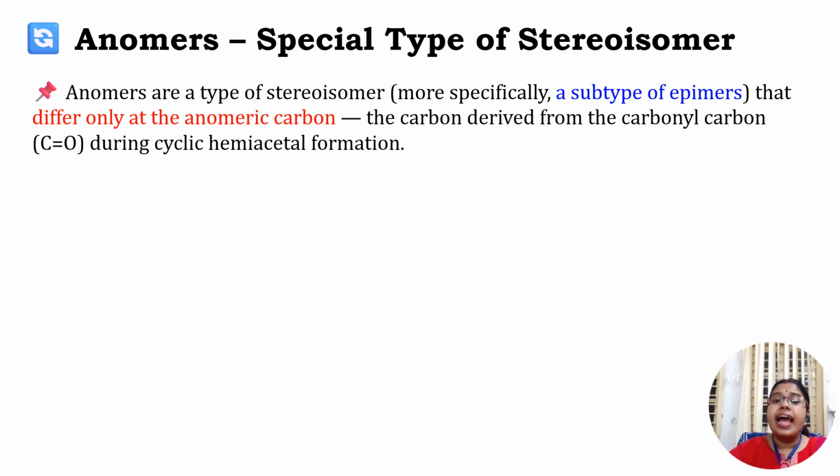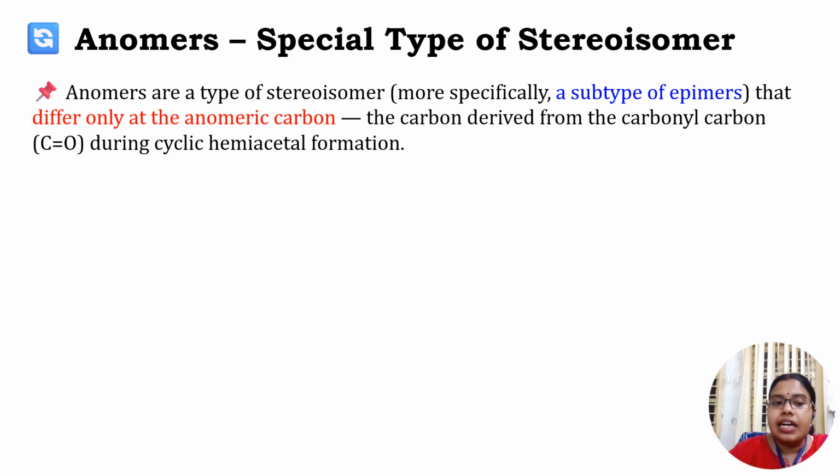Then what is an anomer? Anomers are a type of stereoisomer, a subtype of epimer, that differ only at the anomeric carbon. The carbon derived from the carbonyl carbon, that means from where the aldehyde group or the keto group belongs, this particular carbon is known as the anomeric carbon.